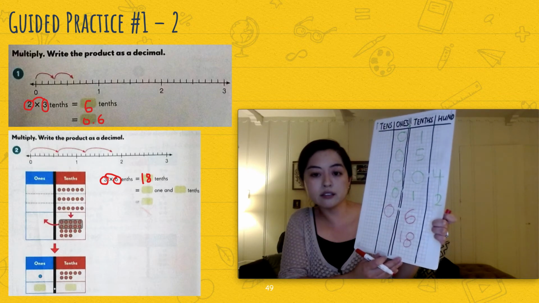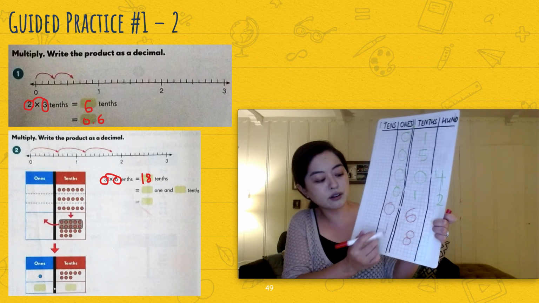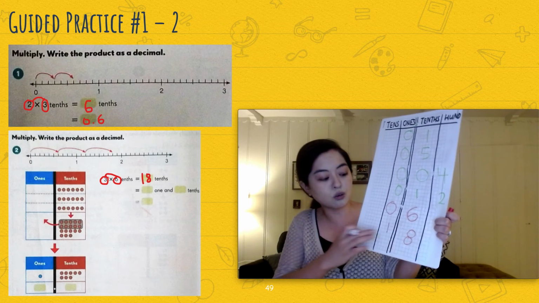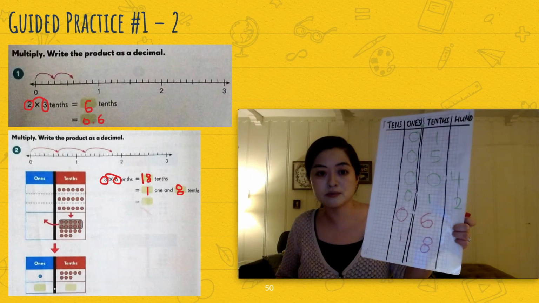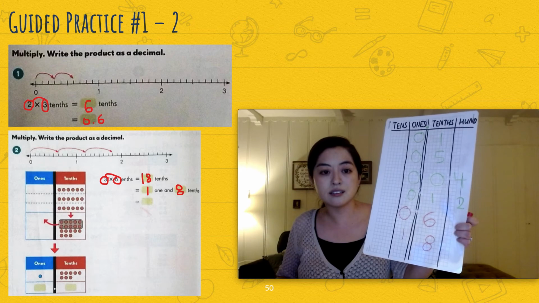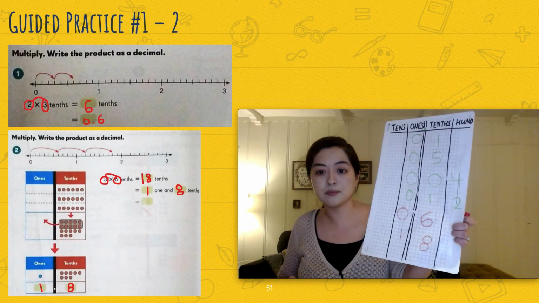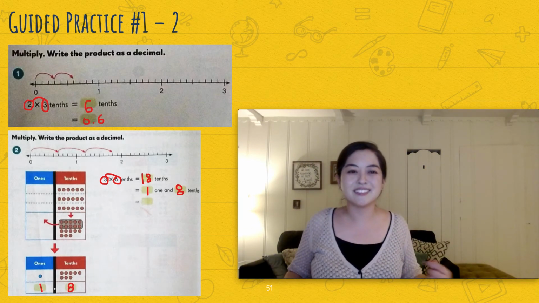No, I can't. So I'm going to keep the 8 there. I'm going to move the 1 over here. Okay? It's 1 and 8/10. All right, and how do I write that? That is 1.8.